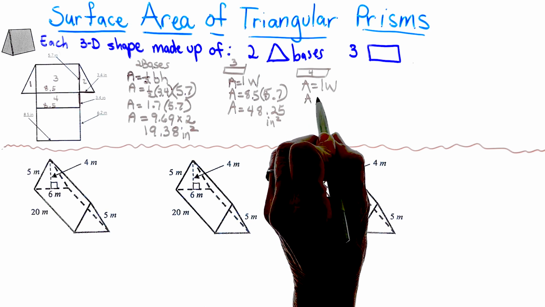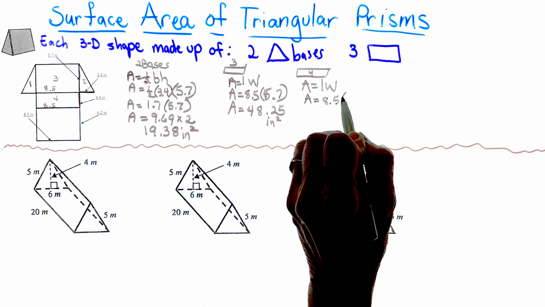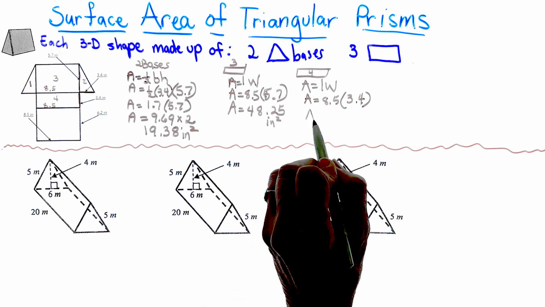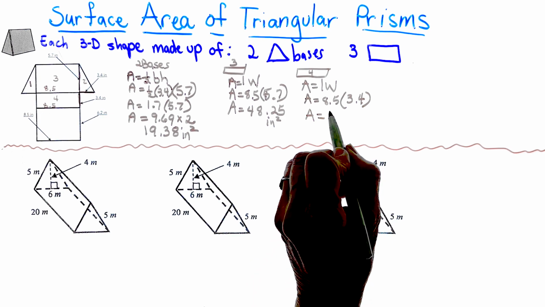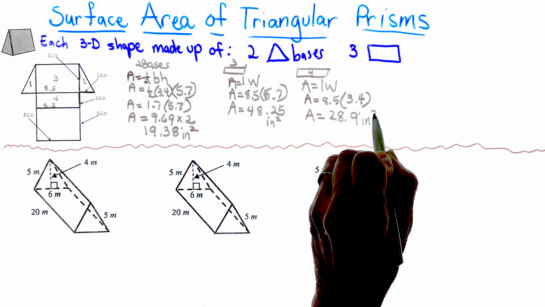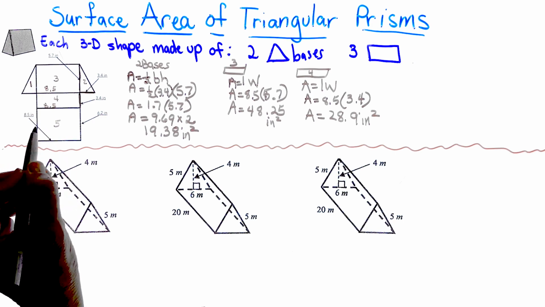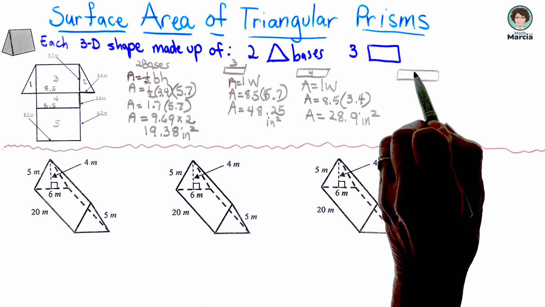So area is equal to 8.5 times 3.4. And when I multiply those 2 together, I get 28.9 inches squared.